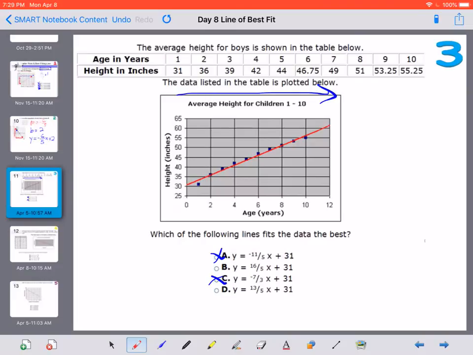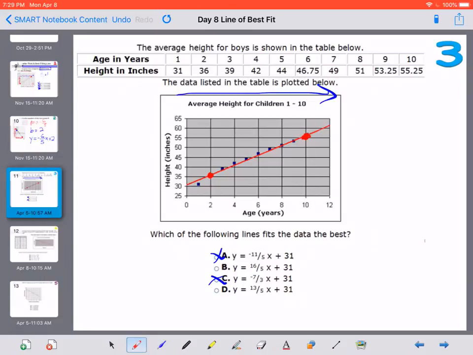We know it starts at 31. So we are going to look for points where it's close to the intersection. It looks like we could have a point right here, and it looks like we could have another point. It's really close right there.